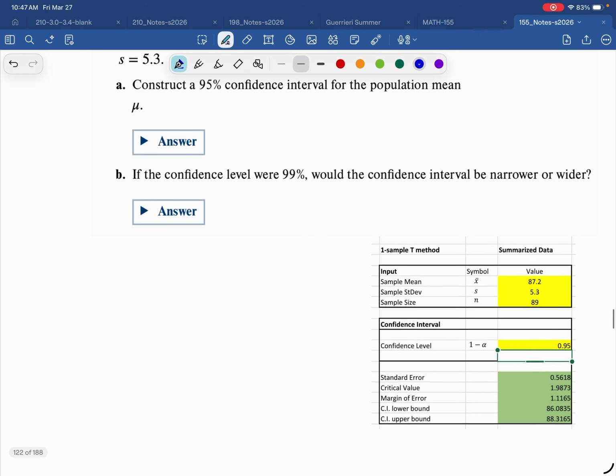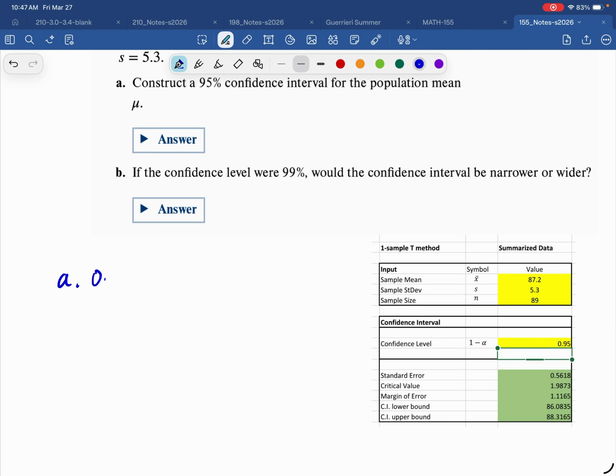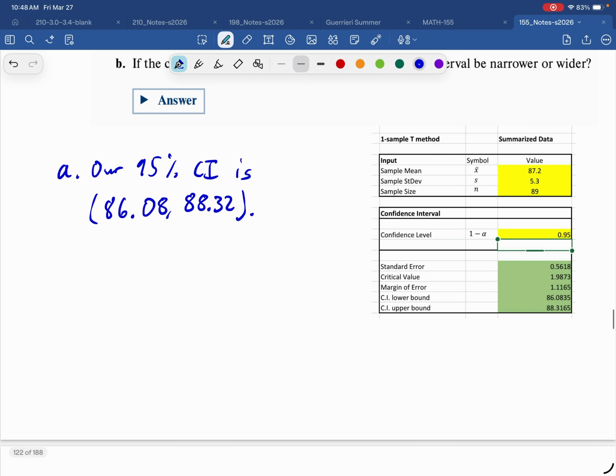And so, for part A, our 95% confidence interval is 86.08 to 88.32, let's say. Note that that's a very narrow confidence interval.